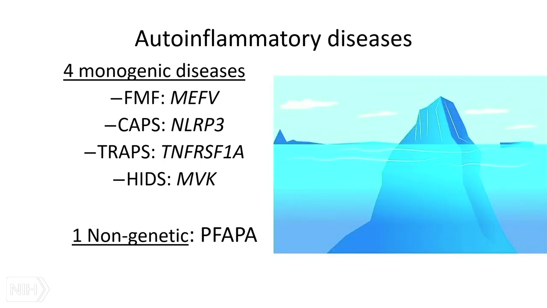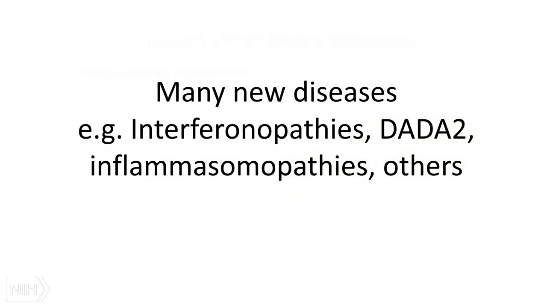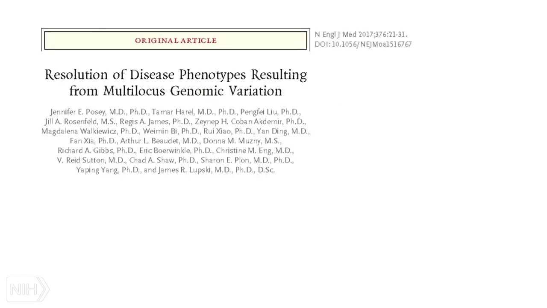It was very clear to me that those 4 genetic diseases were just the tip of the iceberg, and I spent most of my time under the surface of the water having no clue what I was treating, and applying various clinical labels like Behçet's disease, familial Behçet's disease, polyarteritis nodosa, Castleman's disease, and all these old-fashioned things that we use much less commonly these days. So there are many new diseases, interferonopathies, DADA2, inflammasomopathies, and many others waiting to be discovered.